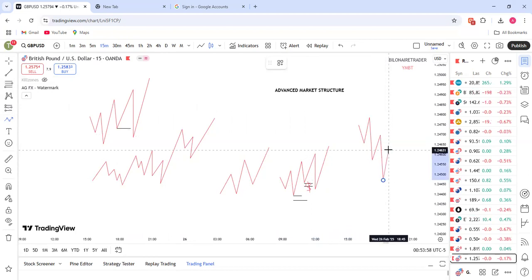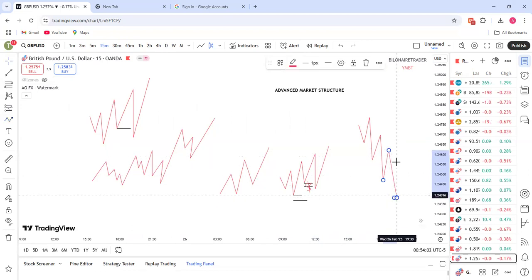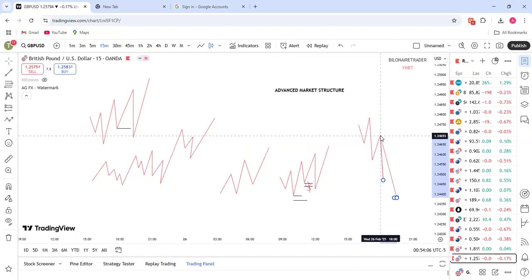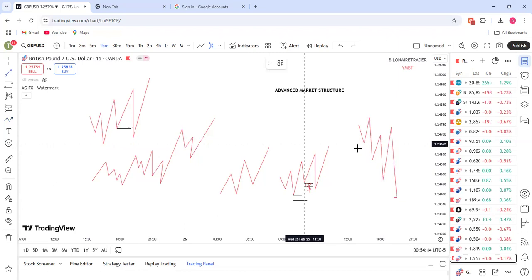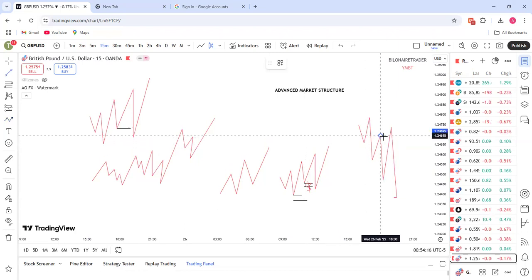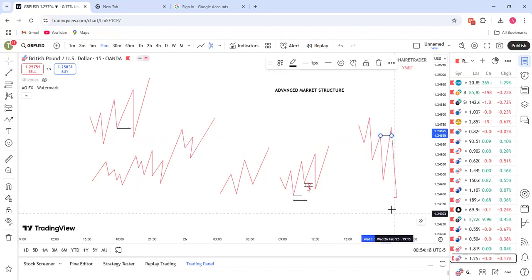A lower high and then a lower low. But no, instead of doing this, what will the market do? The market will come, take out this previous guy, into this zone, sweeping this guy as an inducement liquidity, and then expand to the downside.